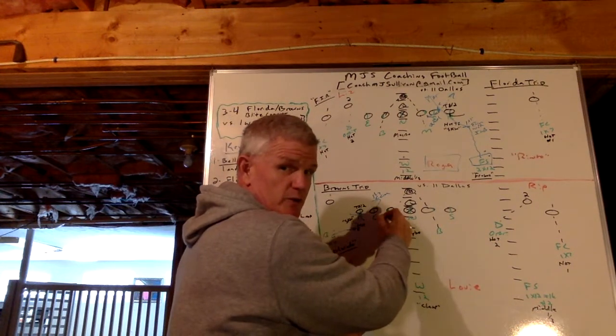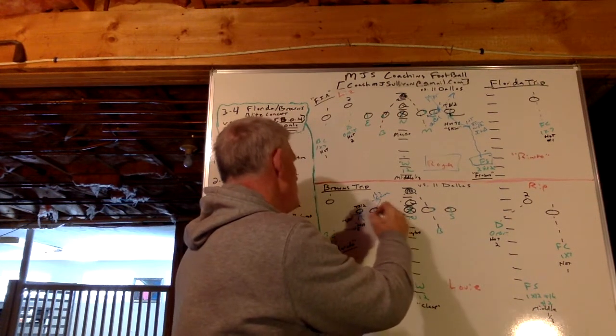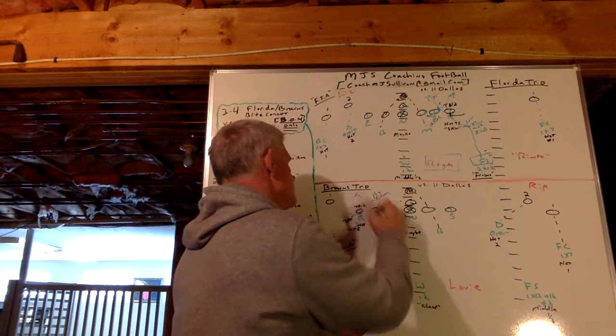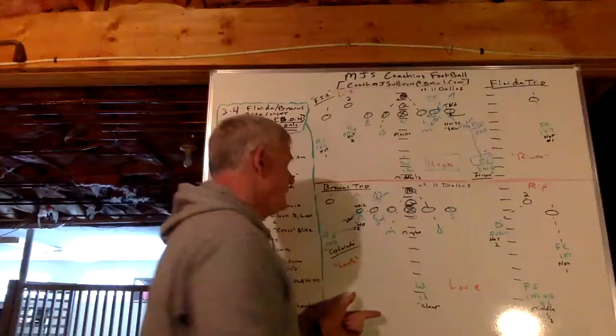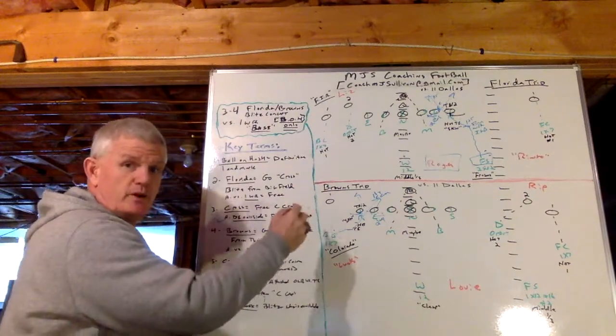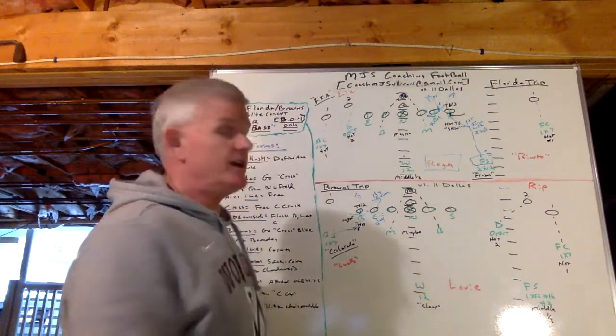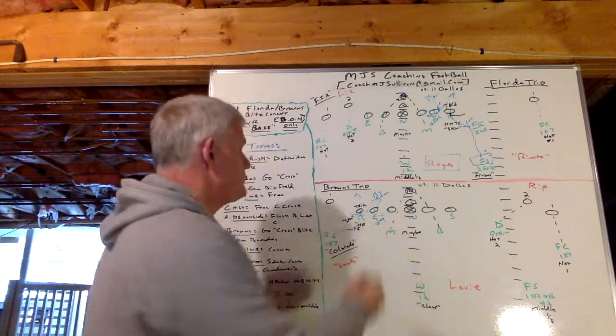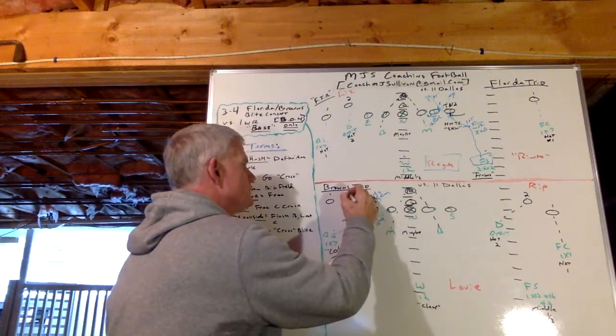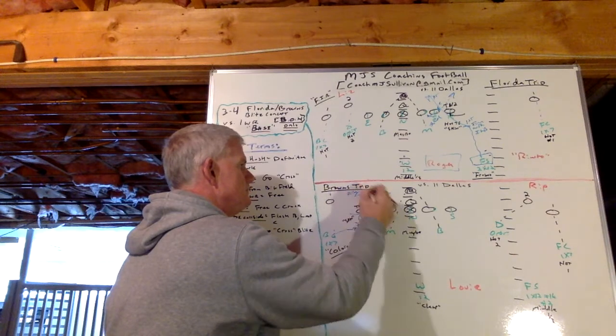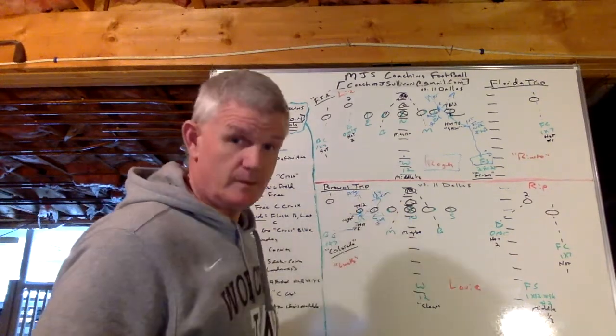Right? Flash B, loop C, 1,000, 1,000, true. So you go second. Again, RPO, zone read into the boundary, quick pitch into the boundary in particular, speed option. He's got the pitch. He'd have the quarterback, right?